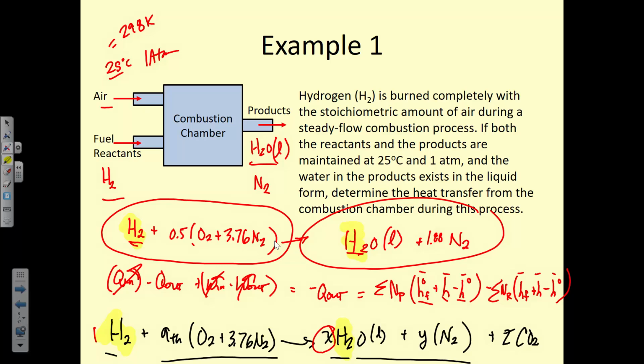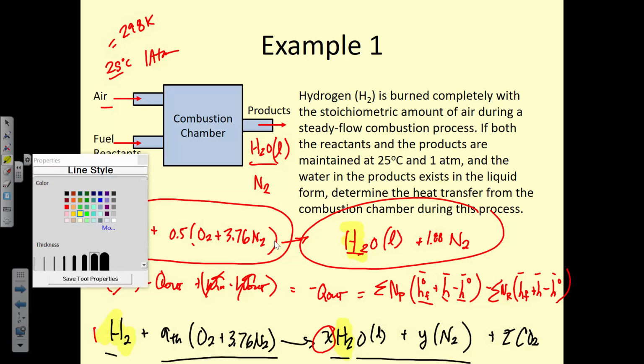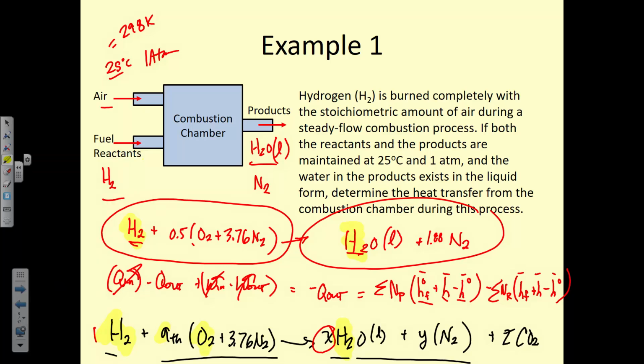Then I look at the next molecule. Okay, so I look at oxygen. I have an O2 here and an O here. So I know that A theoretical is equal to X over 2. And I previously determined that X was equal to 1 because it balances with this one.